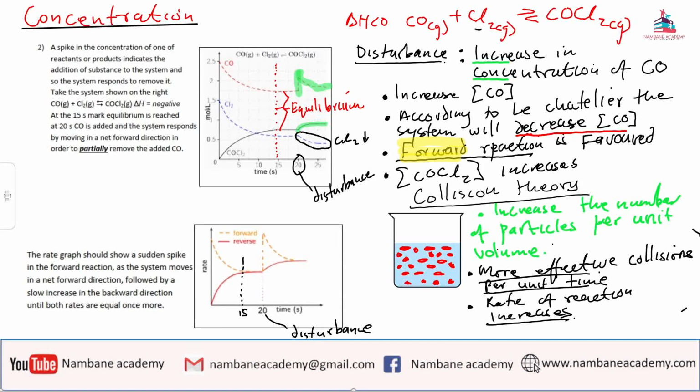Thank you very much, because you are going to need this application of graphs at some certain instance. So that is factor number one, which is concentration, done and dusted, clear and straightforward. The combination of how the rate and the graph of equilibrium will be affected.